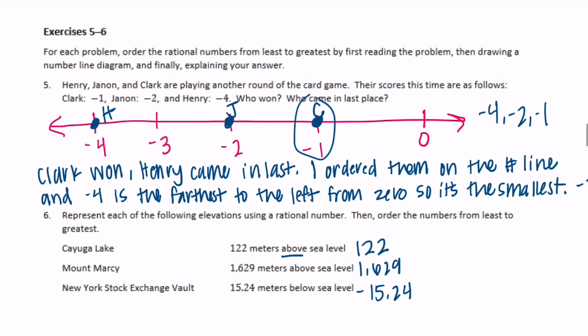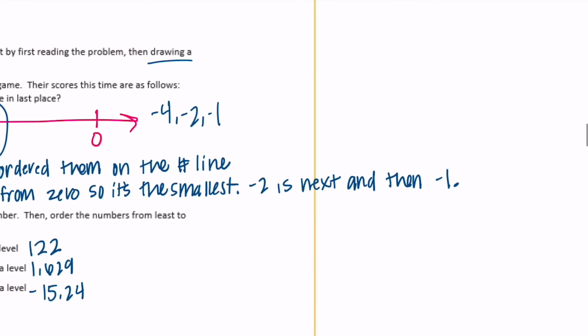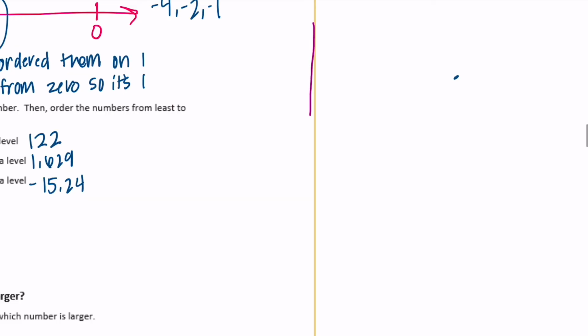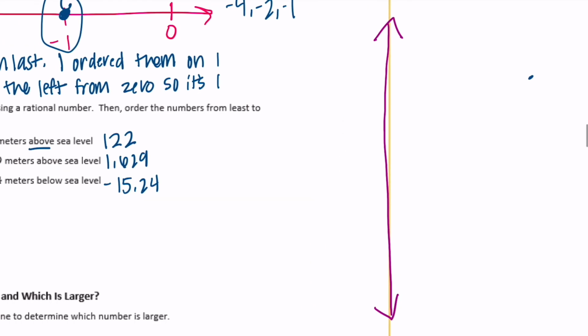We do need to draw a number line. So since this is sea level, first I'm going to erase some of this so I can use some of this space. So I'm going to draw a number line. I'll just use this yellow line. And let's plot. So I'm going to put 0.